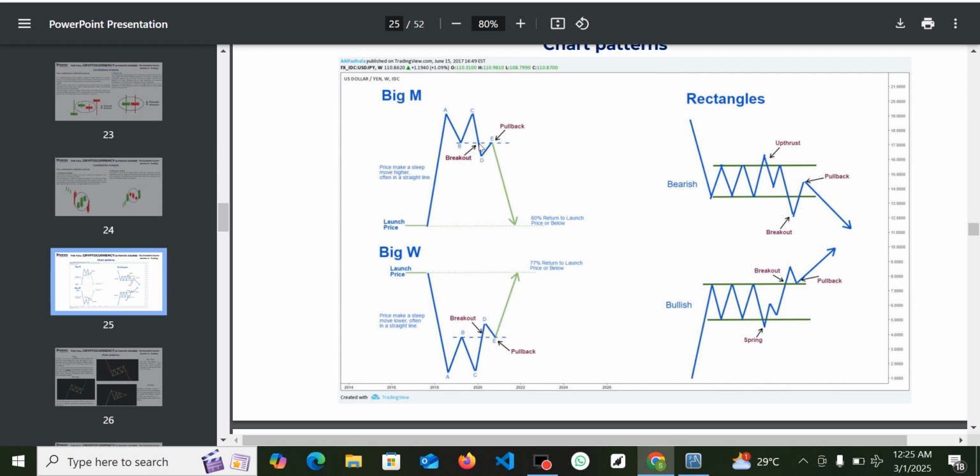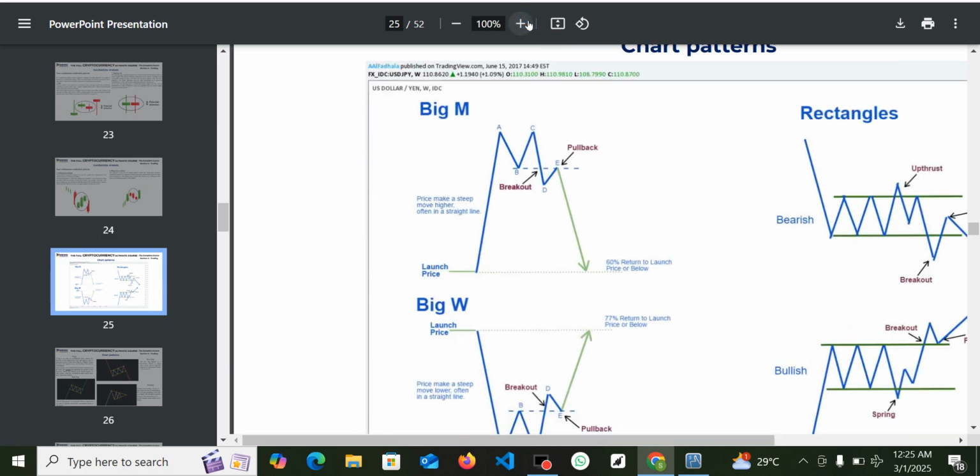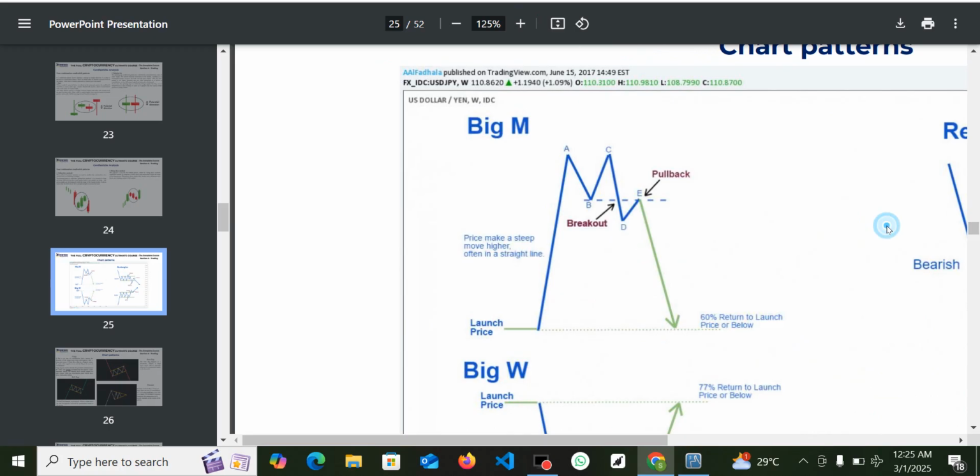If there is a breakout, then it shows that it's going to give a big M at the end of the day. I'm trying to zoom it out so that you will get to see it properly. So it's going to give a big M at the end of the day.